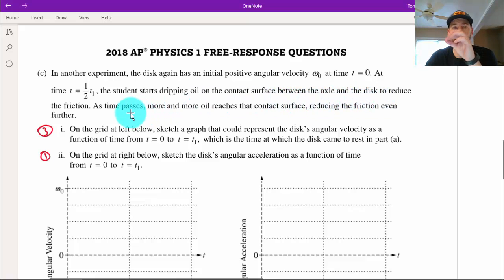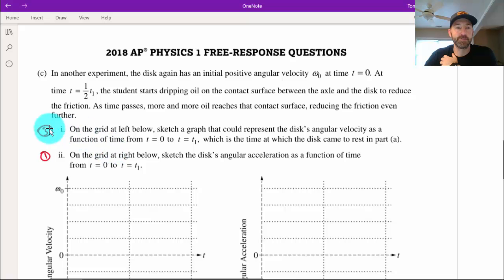So they're putting a little bloop, bloop, bloop on there to reduce the friction, make it spin easier. As time passes, more and more oil reaches the contact surface, reducing the friction even further. So essentially, you can think of it as friction starts to disappear. When you oil two surfaces rubbing together, the oil produces a low friction surface that allows there to be, well, no force resisting motion.